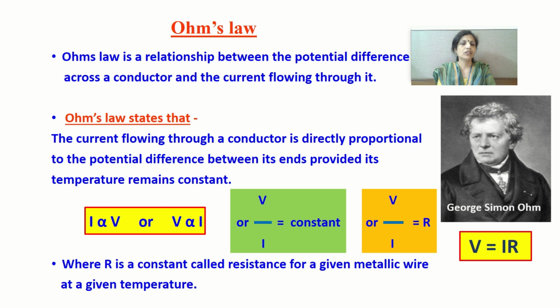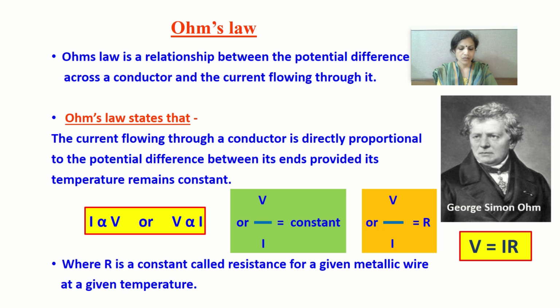So henceforth, the moment I say Ohm's law, the formula which should come to your mind is V is equal to IR. In this formula, R is the constant of proportionality, and it is called resistance for a given metallic wire at a given temperature.